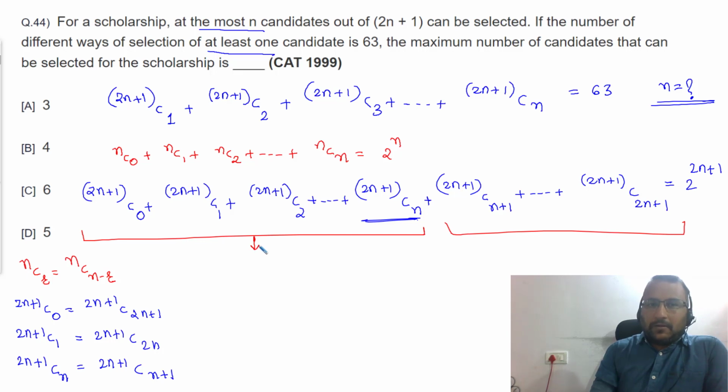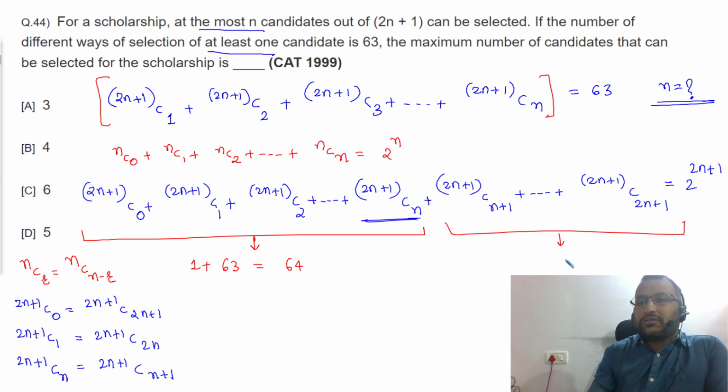The value of 2n plus 1 C0 is 1, and the sum of 2n plus 1 C1 till 2n plus 1 Cn is equal to 63. The value of these terms is equal to 64, so the value of these terms is also 64. So 64 plus 64 is equal to 128. So 128 is equal to 2 to the power 2n plus 1, which is equal to 2 to the power 7. So the value of 2n plus 1 is equal to 7.